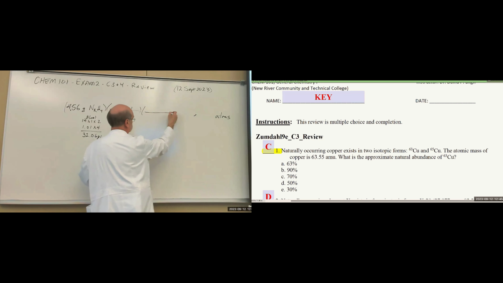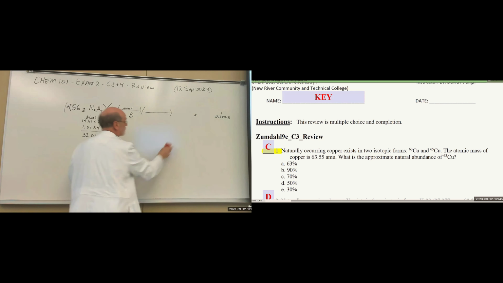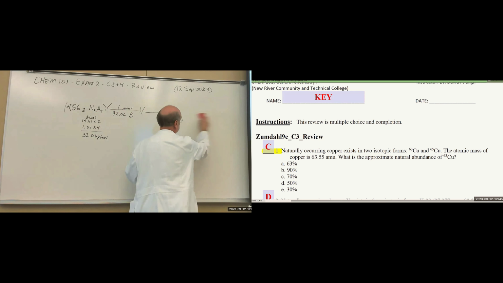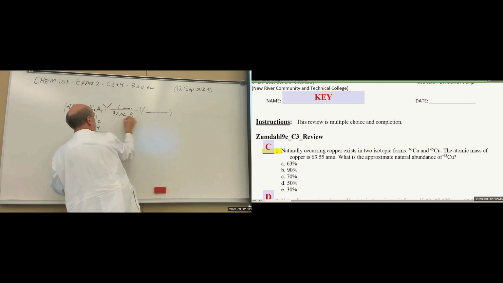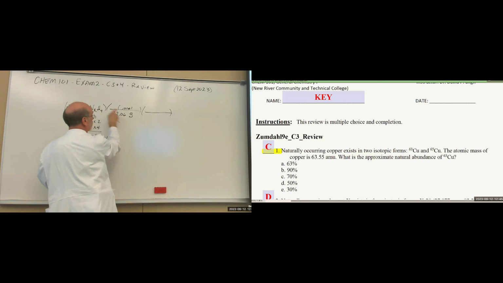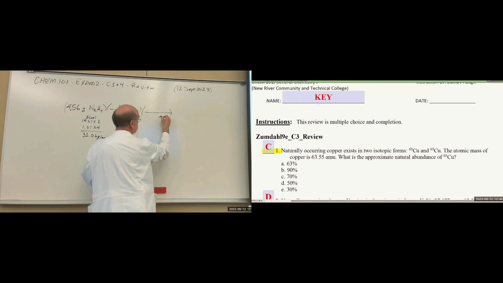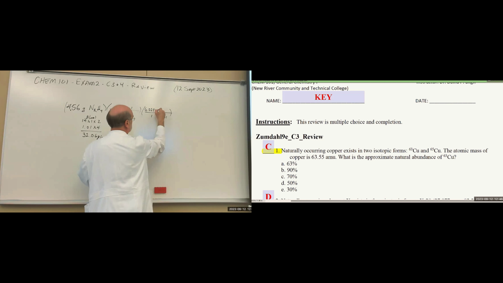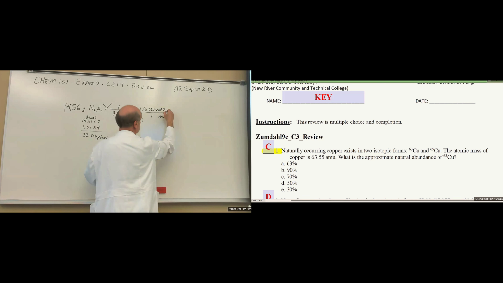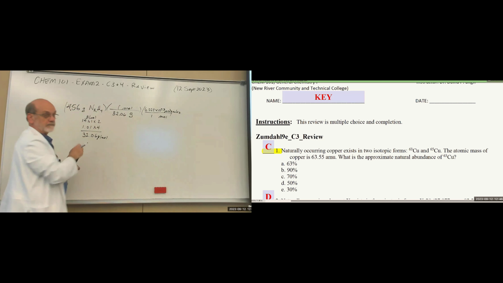Then we have Avogadro's number. Make some more room here. I think I'm gonna need it. So we cancel grams, denominator, numerator. We got moles. Now we want to get rid of moles, numerator, denominator, and convert it to numbers. And this is numbers of molecules of hydrazine.